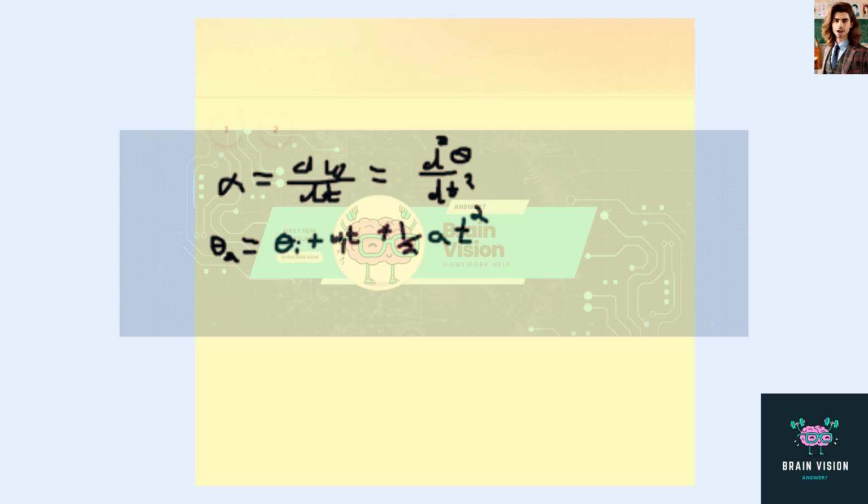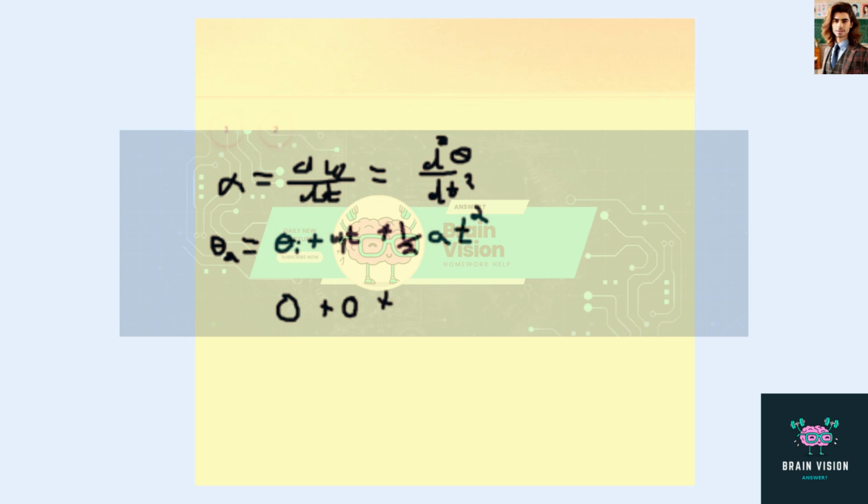Now this becomes pretty easy in this situation. We're looking at how many revolutions, so we're not worried about where we started. Our initial position is 0. We started at rest, so our initial angular velocity is 0, and 0 times any time is 0.